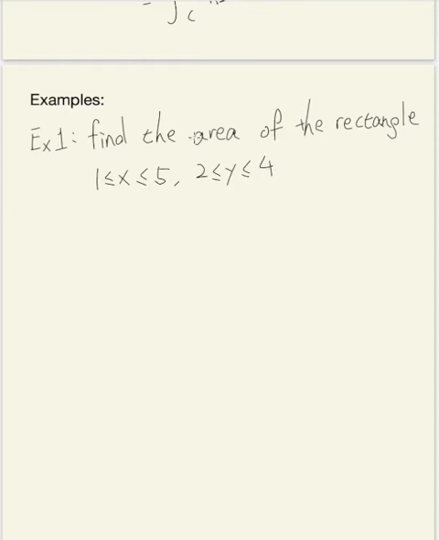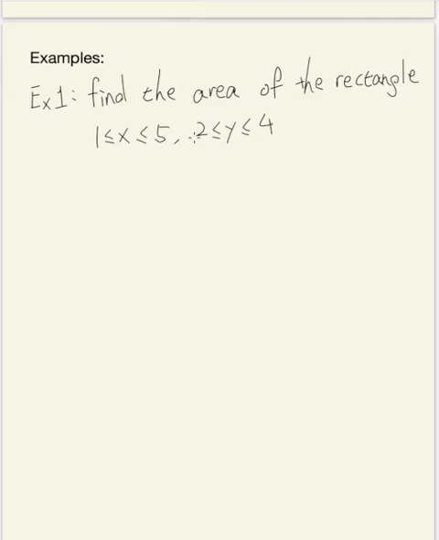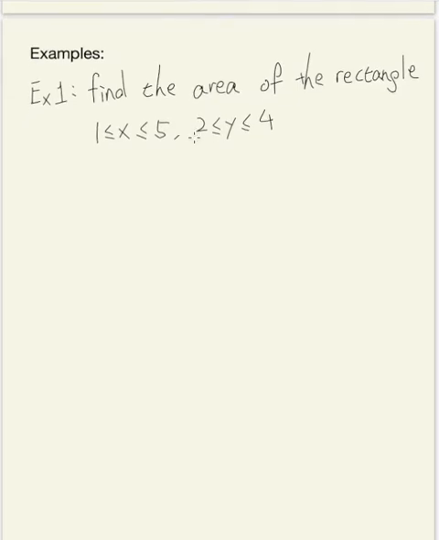Now the area is of course easily calculated. It's just 5 minus 1 times 4 minus 2. But let's try to set up a double integral to represent the area and compute it that way. If you want to graph it, it looks something like this, from 1 to 5 and then 2 to 4.